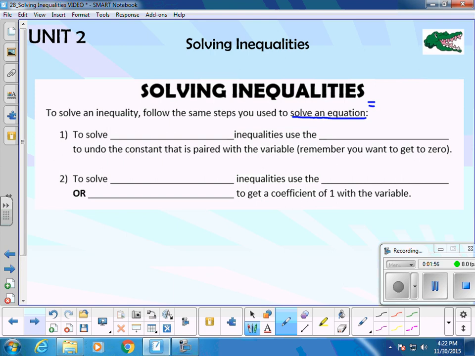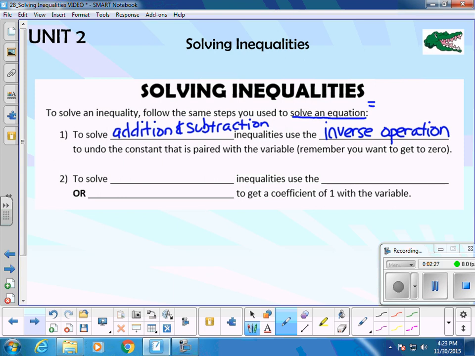So to solve addition and subtraction inequalities, you're going to just simply use the inverse operation.